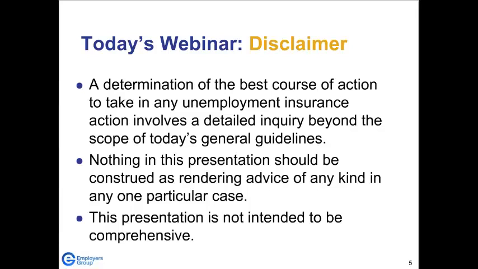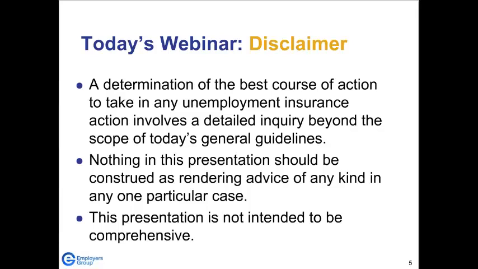So please, nothing in this presentation should be construed as rendering advice of any kind in any one particular case. I should also stress that this is not intended to be comprehensive. We certainly don't have enough time to go through the several pages relevant to voluntary leaving and discharges for misconduct as they are spelled out for us in the California regulations. However, we will be highlighting the most important points.